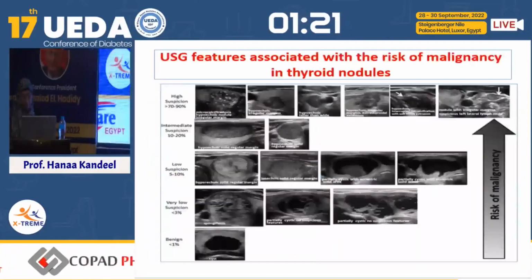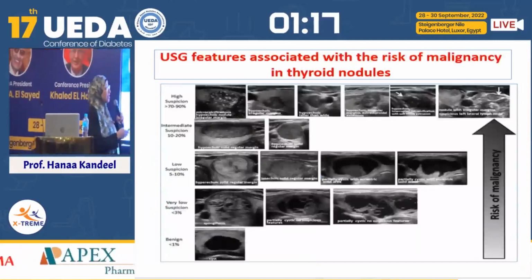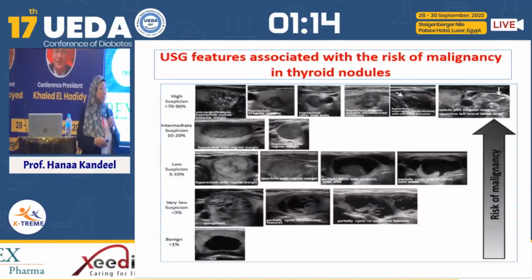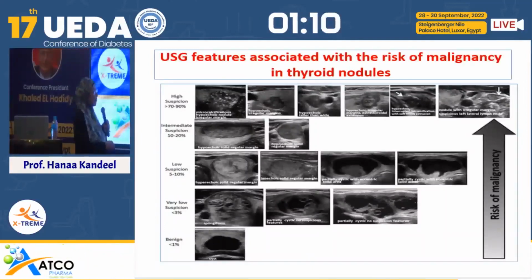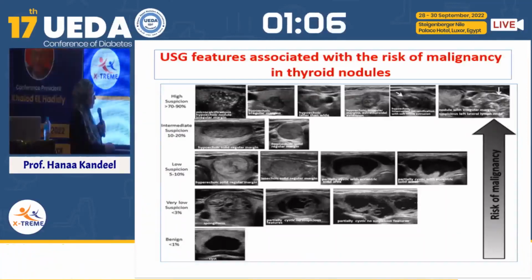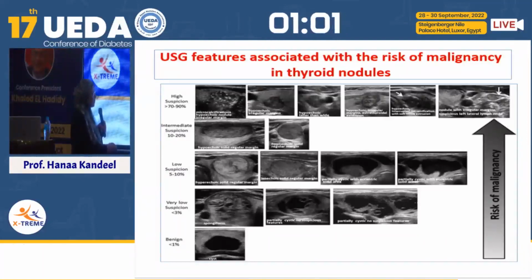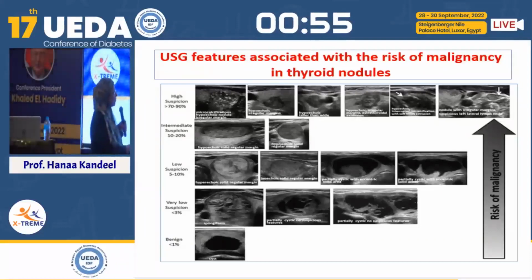And this is another picture for the ultrasonography, and this is the most important point in our lecture. This is benign, and the incidence of malignancy is 1%. It has a very good rounded border without any calcification in the border and no tissue inside this fluid, and this is cystic fluid. This is very low suspicion of malignancy because it's regular.